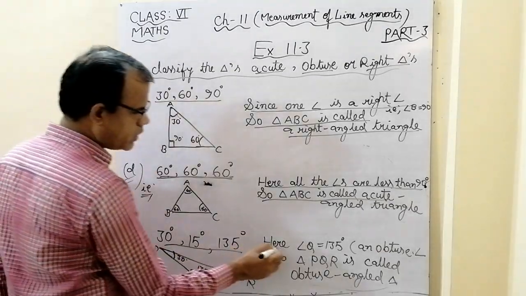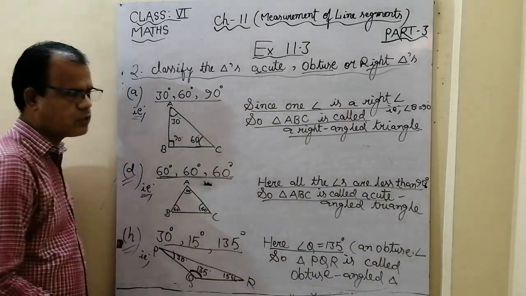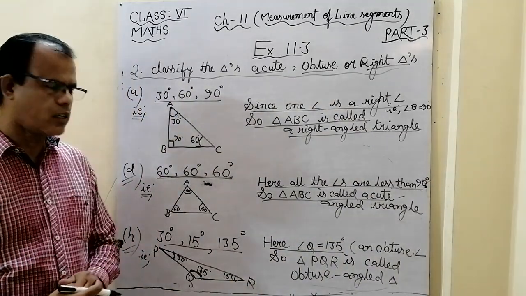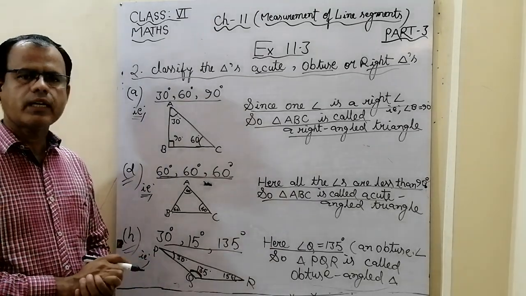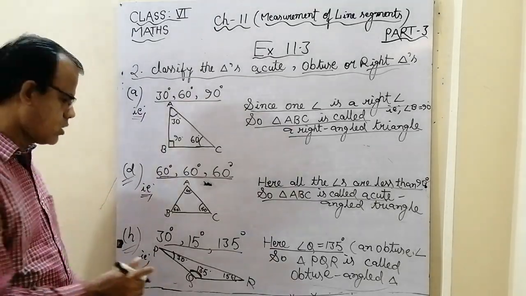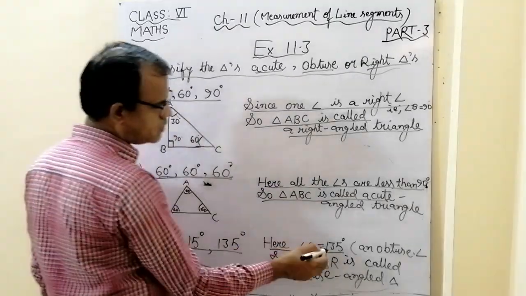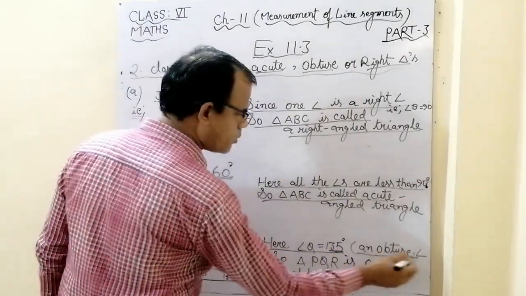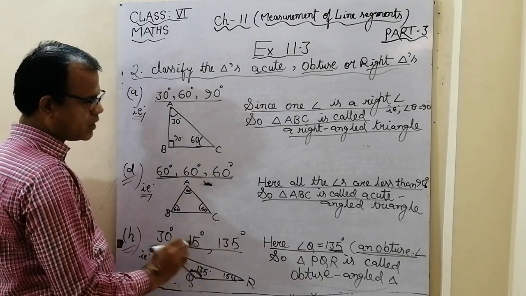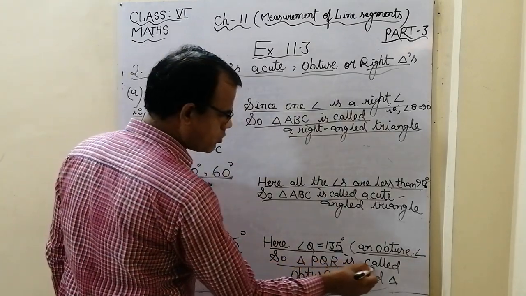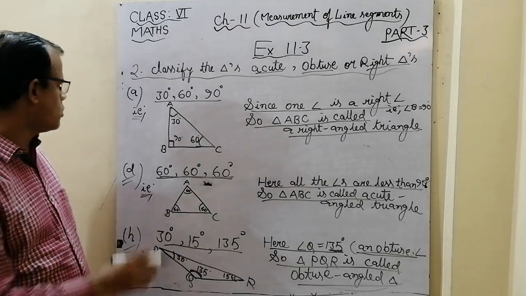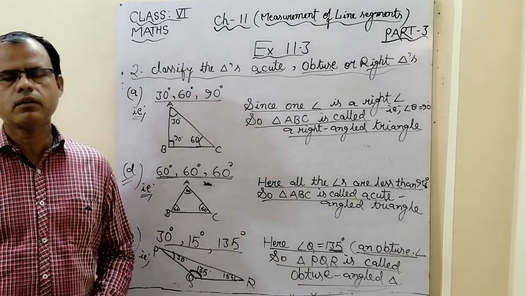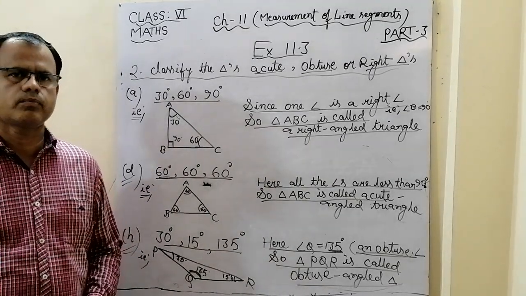So here one angle, that is angle Q 135 degree, is an obtuse angle, more than 90, less than 180. So we can say that triangle PQR is called obtuse angle triangle. So student, you have to solve the remaining part as a class practice.